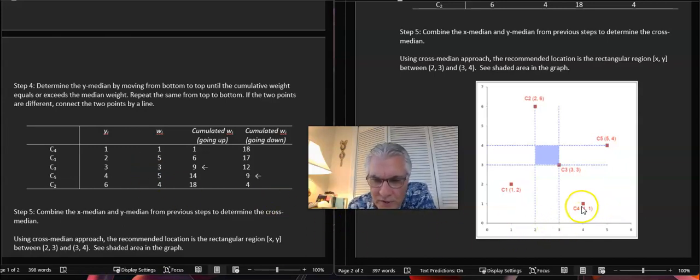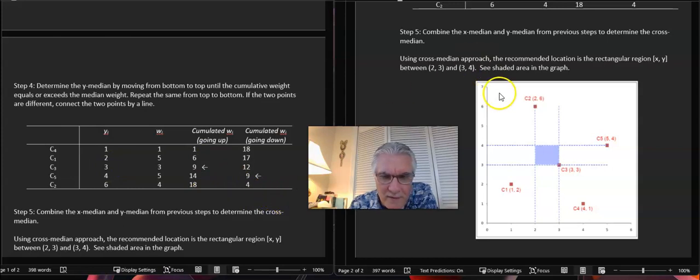So you're going to get to this one first, which is a 1, and then a 2, and then a 3, and a 4, and a 6. And the w numbers as you're going up will be 1 plus 5 is 6, plus 3 is 9, plus 5 is 14, plus 4 is 18. You got to the weighted midpoint at C3, where y was equal 3.